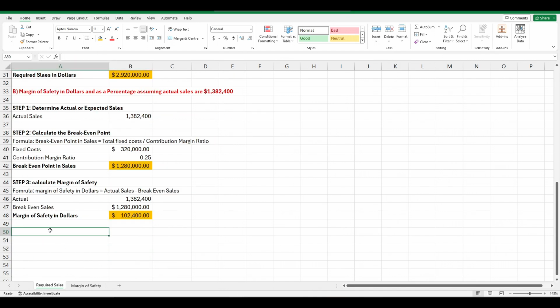And now we want to find our margin of safety ratio. So let's write the formula. It's equal to the margin of safety in dollars divided by actual sales.